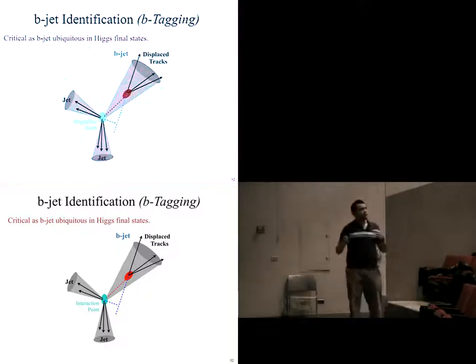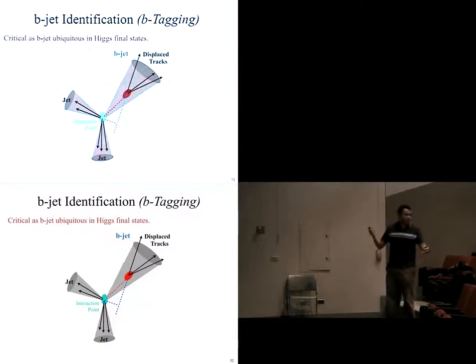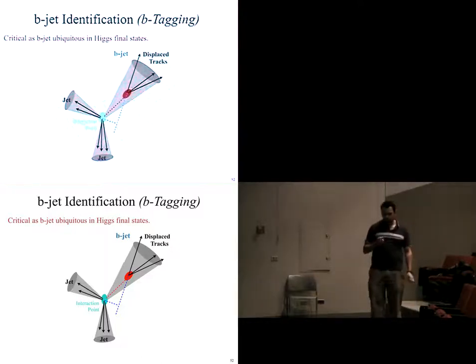And so the critical thing about identifying if something is a b-jet is to see that these particles don't start at the interaction point. There's a number of ways of doing that. We have algorithms that are almost like vision algorithms, and they're pretty sophisticated. You can try to match these all up to a point in space, which we call finding a displaced vertex.